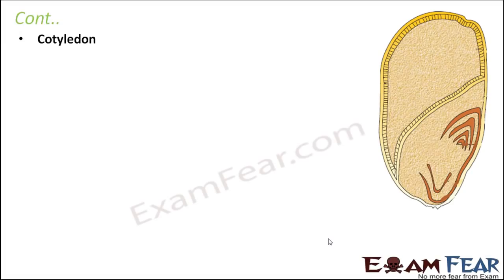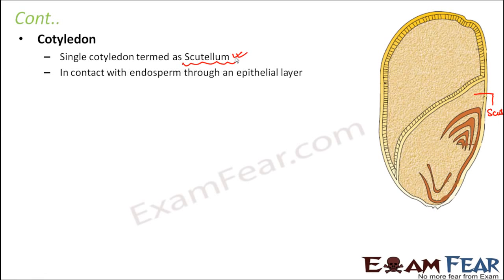The next part is the cotyledon. Cotyledon is nothing but the seed leaf. It is a single cotyledon, which is also known as the scutellum. Where do we see the cotyledon? This portion is the cotyledon. Basically this is the scutellum, and since it is just a single cotyledon, it is named scutellum. It is in contact with the endosperm through an epithelial layer.